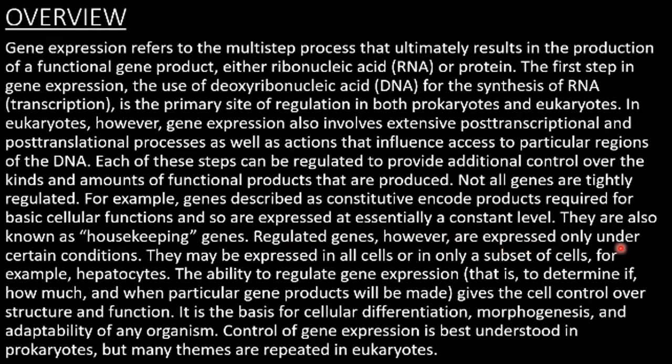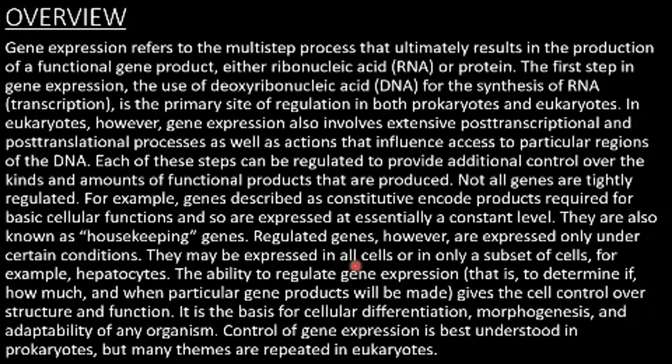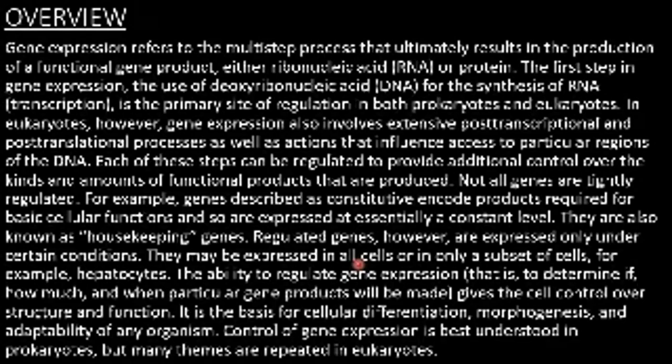But we have other genes known as regulated genes. They are expressed only under certain conditions. They may be expressed in all cells or in a certain subset of cells. For example, hepatocytes, right? We know hepatocytes are the only cells in the body which can synthesize ketone bodies. So if you require ketone bodies, remember one enzyme which is required in the formation of ketone bodies.